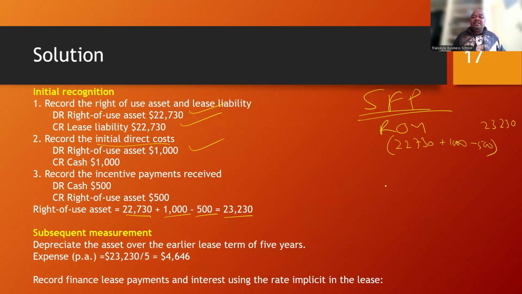But the lease liability, on the liability side, this is at inception, not at the year end. So at inception, the lease liability would be 22,730.